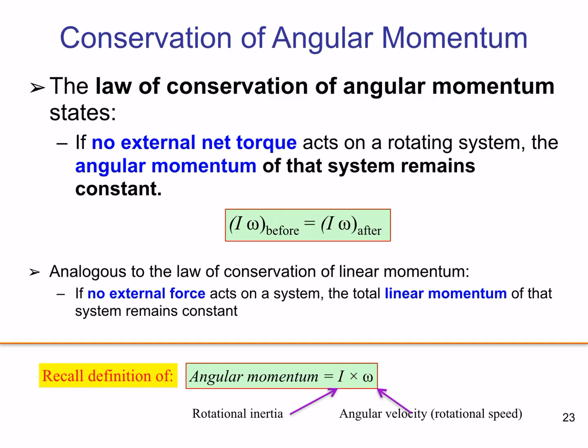So what this is basically saying is if I change, for example, my rotational inertia, then that will change my speed in the final state, so that the product of the rotational inertia times the angular speed will stay the same.